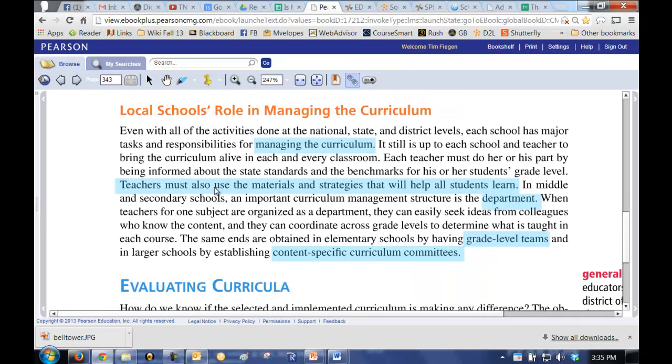Teachers also must use the materials and strategies that will help students learn, obviously, and how this happens in the middle and secondary schools, it's run by departments. Okay, and so you have a science department, a math department, an English department, performing arts, everything's run through departments, and that helps you manage these materials and stuff. You always have a peer group. In the same way then down at the elementary, it's a grade level team.